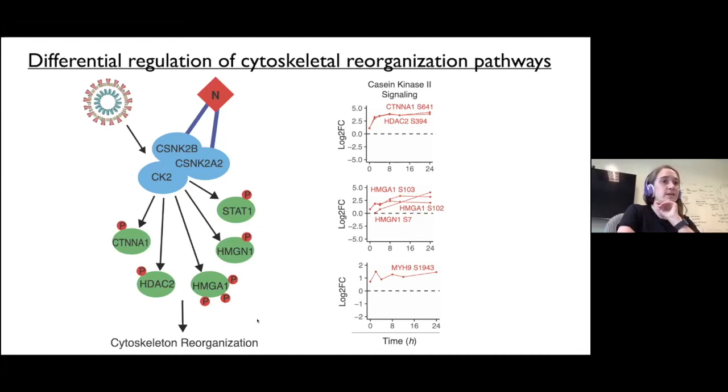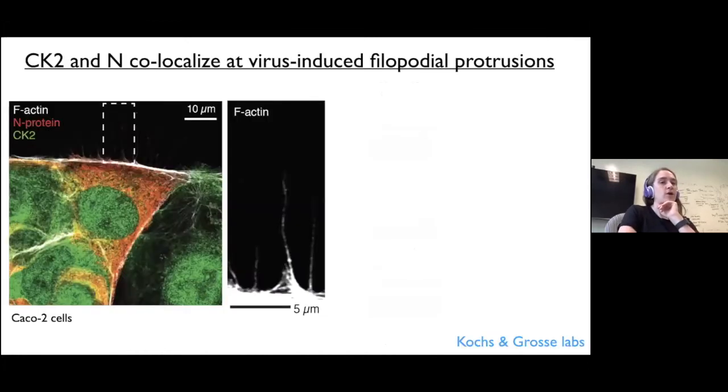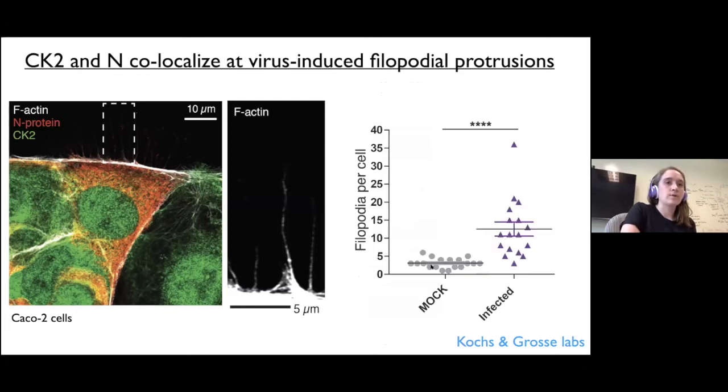To investigate this biology of SARS-CoV-2 infection, we did some microscopy, looking at F-actin, which is a component of the cytoskeletal system. Here we find a couple of interesting things. One, when we infect cells with SARS-CoV-2, we observe the development of these filopodia.